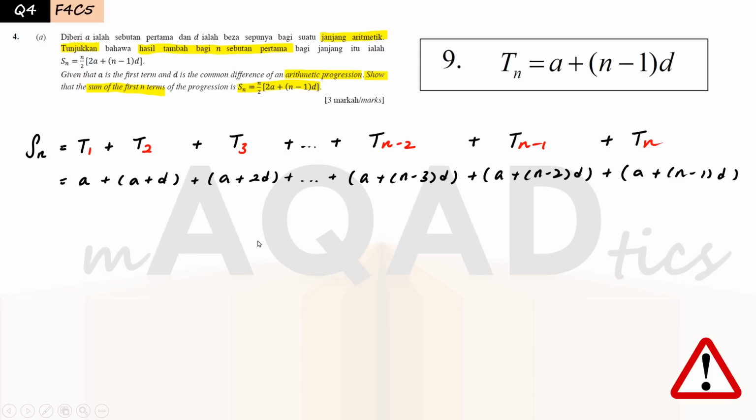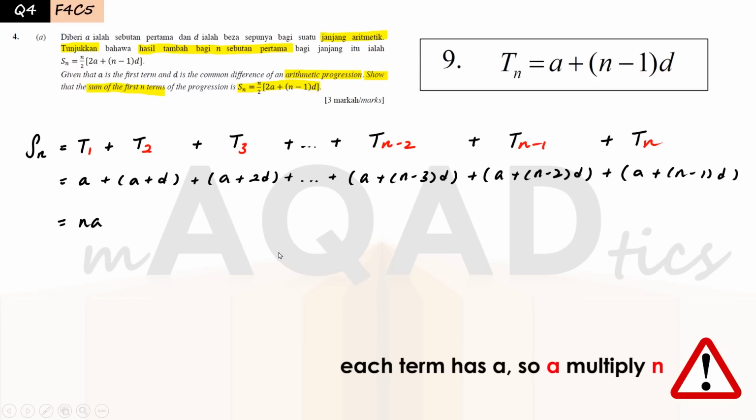The next step would be to group the unknowns. I'm going to group the values of a first. As we know, for each term there is an a. So if we have n terms, this means we have n of a's, and to find the total number, it will be n times a.